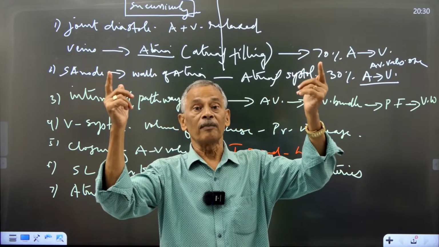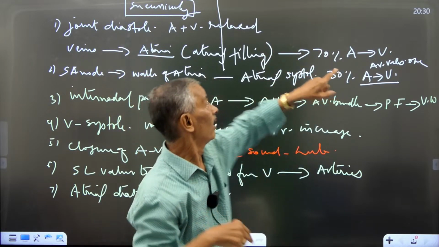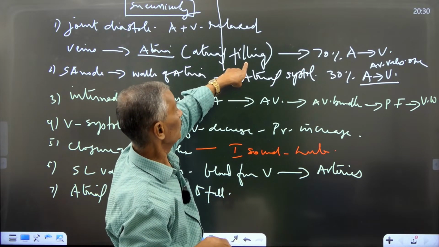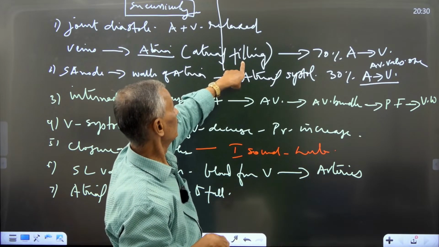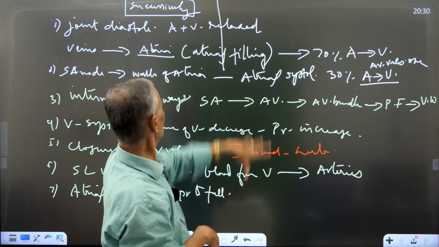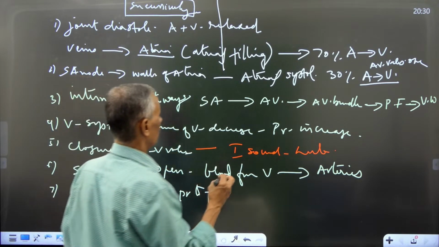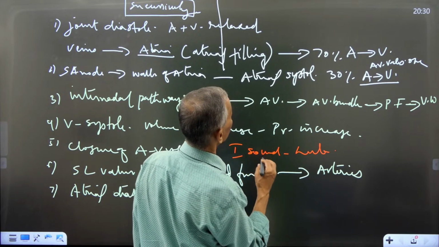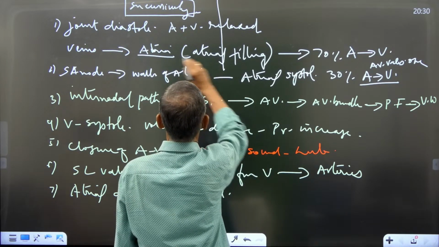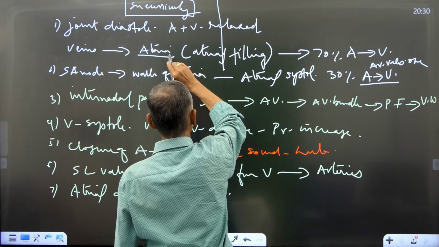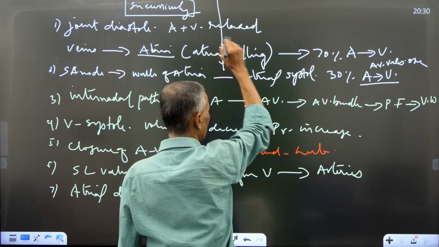So, you see, blood from the veins is opening into the atria. So, this is causing atrial filling. Veins will be under pressure and the atrium is now relaxing.